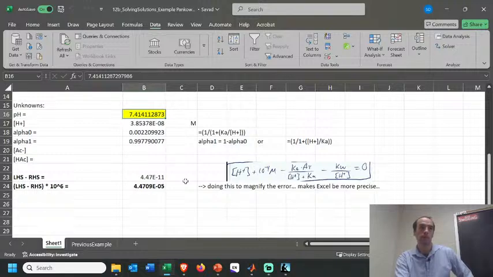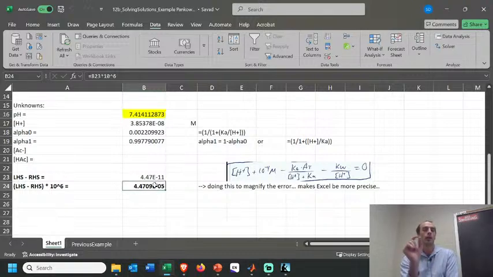Okay. I see some confusion. What's going on? I got a different number for the left and right hand side, but I got the right pH. Cool. The value here, is it slightly different, like the same order of magnitude? No, completely different order of magnitude. But I have the same pH. Doesn't make any sense.